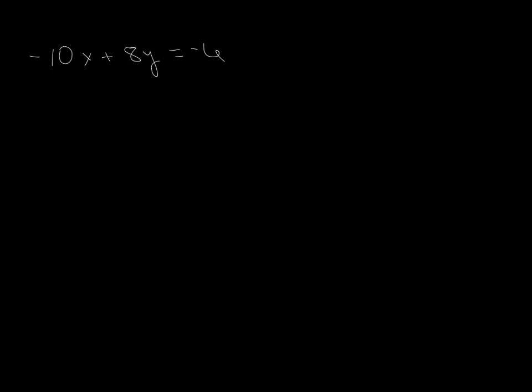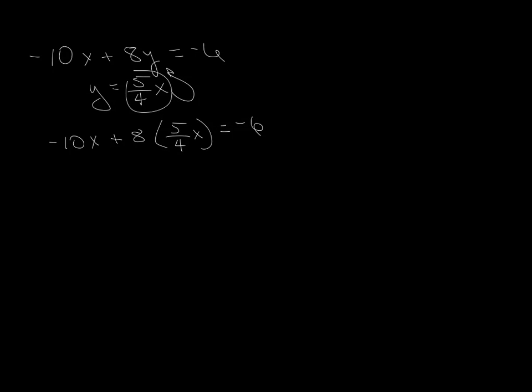It says use the substitution method, and it tells us what y is. So all we're going to do is plug in that for that. And our y is 5/4 x equals -6. All we have is x's now, and we're going to distribute that 8.